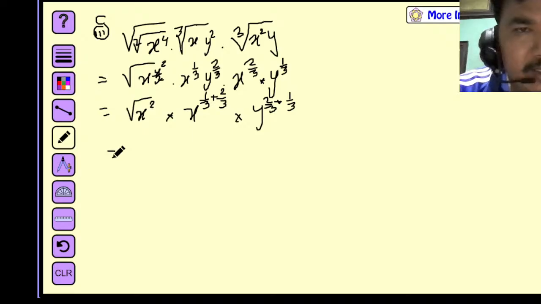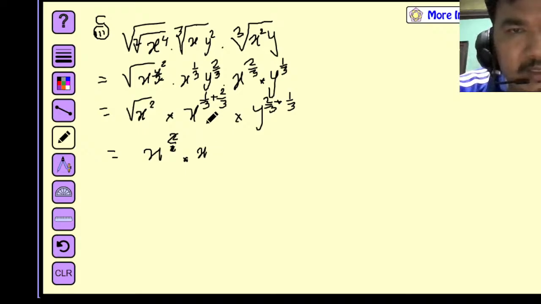Then here also cancel this, children. X to the power 2 by 2, and here x to the power, if you add this, 3 by 3, and multiplied by y to the power 3 by 3.